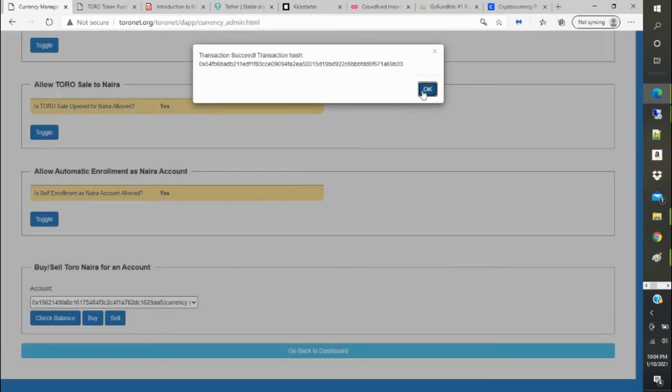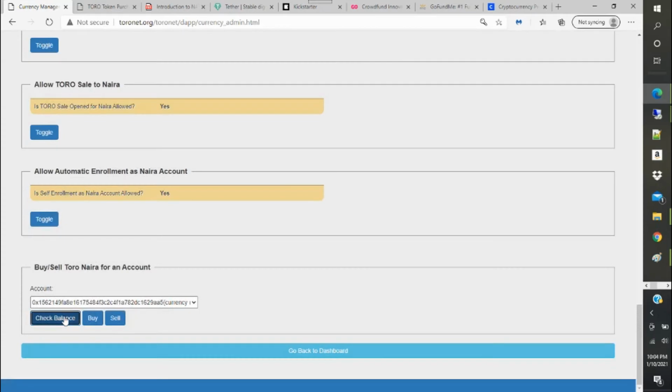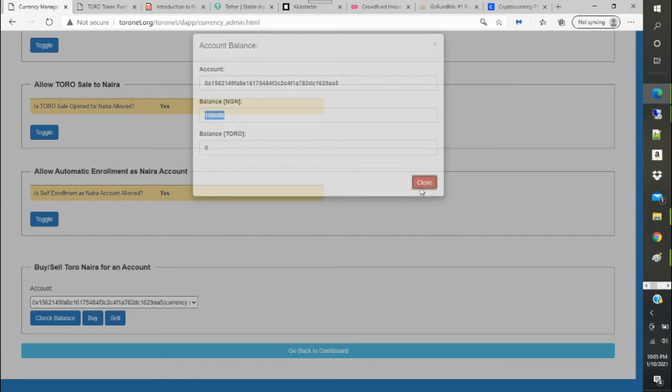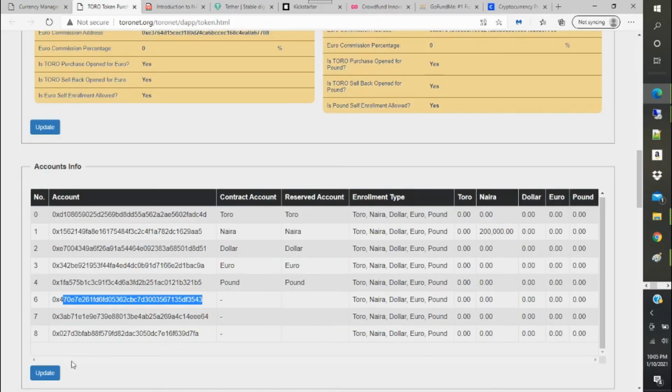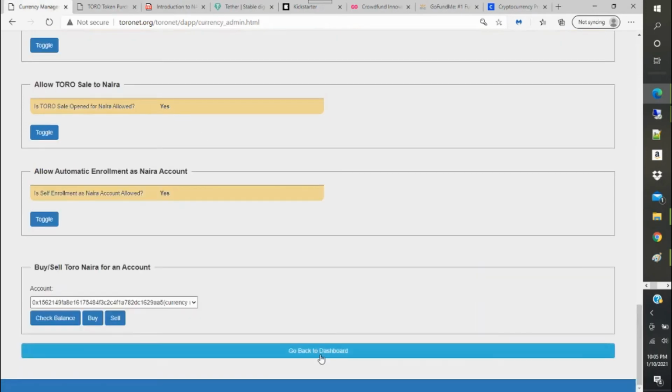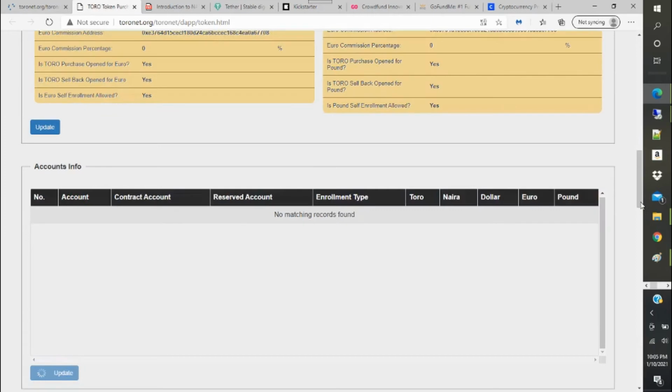Okay, it is done. So now if we check the balance, this account has converted 100,000 of what is in this balance into 100,000 Toros, which will go into the Toro reserve, which we will see when we update this. Let's give that some time, and over here we'll just go back to the dashboard to see what that looks like. Here, the list of accounts is going to be updated, not the entire page.